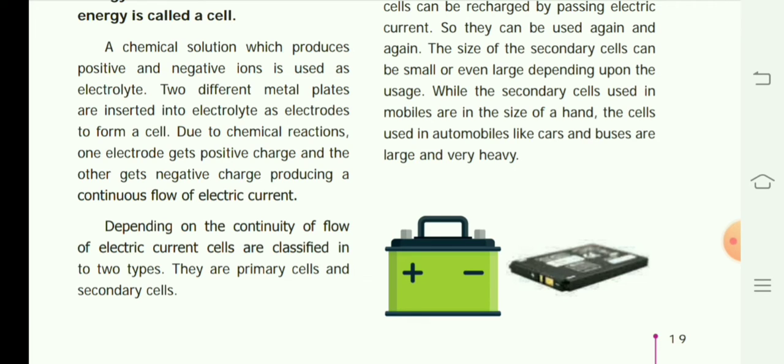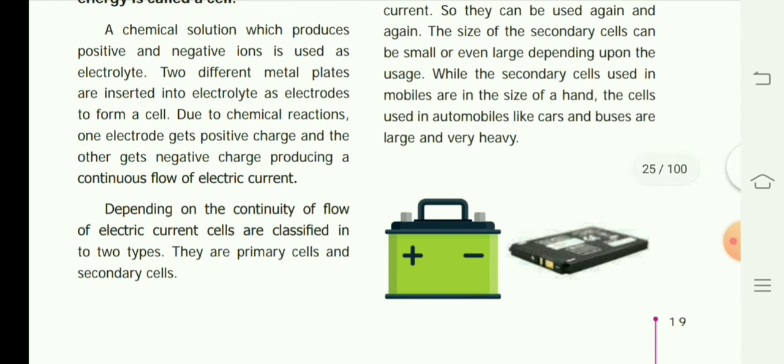These plates are called electrodes. This is called a cell.